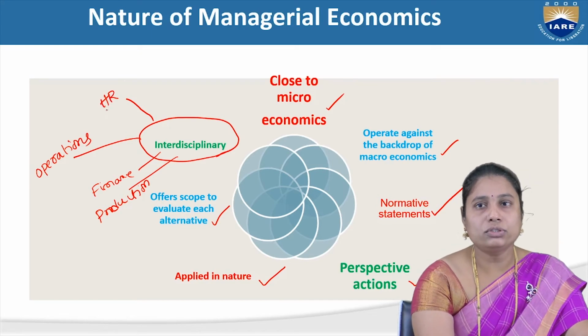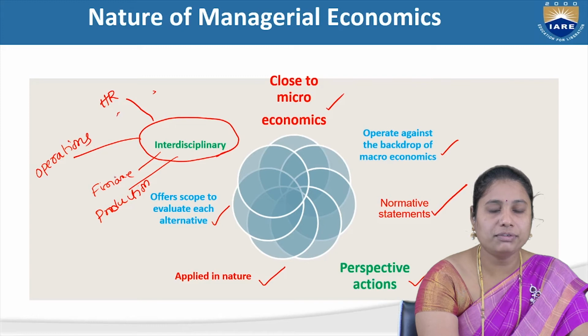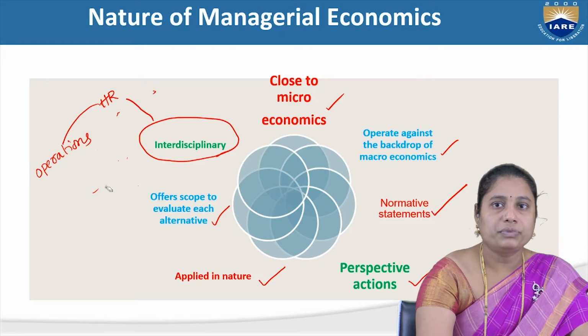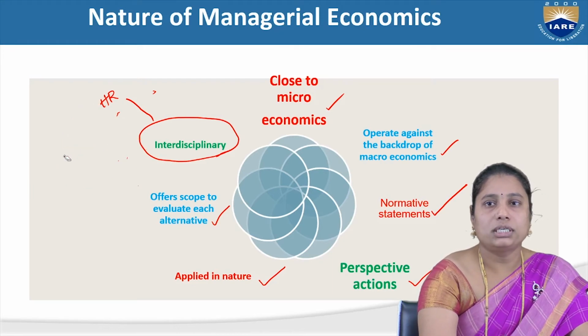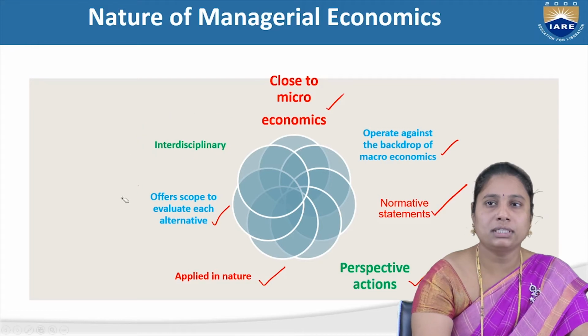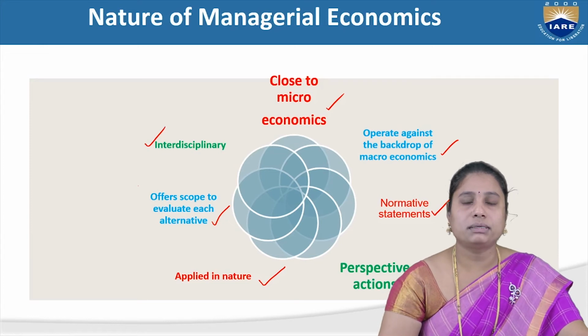If human resources are working properly, then only they'll get the profit. If operations and human resources are working properly but finance people are not giving the funds, then they won't get the benefit. So they require coordination from one department to another. They require cooperation and coordination from various areas, and must have knowledge of mathematics and economics. That's why the nature of managerial economics is interdisciplinary.